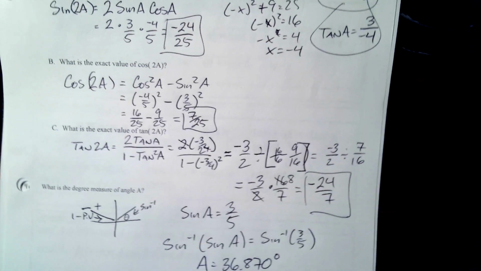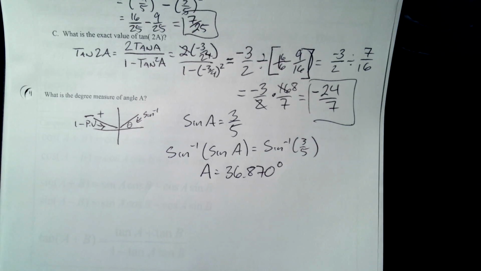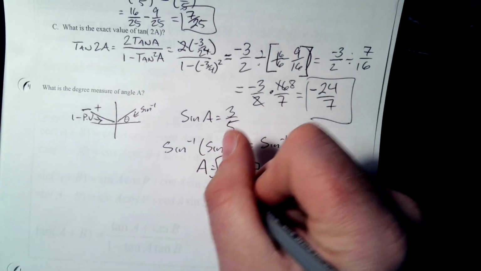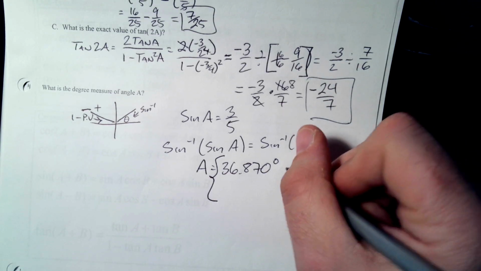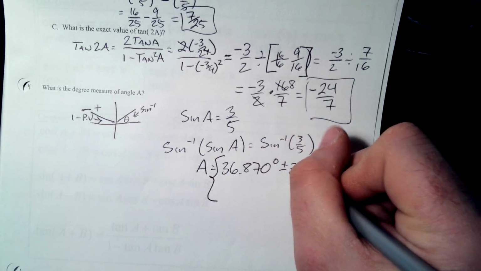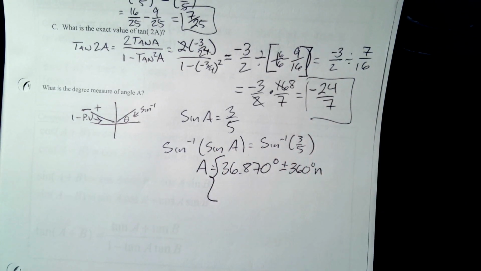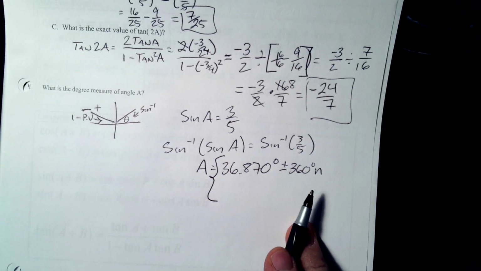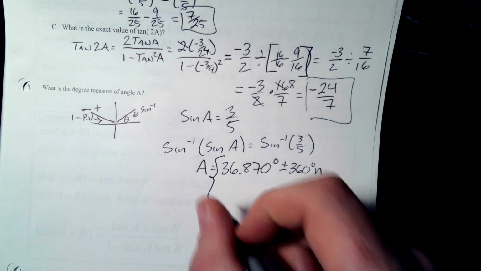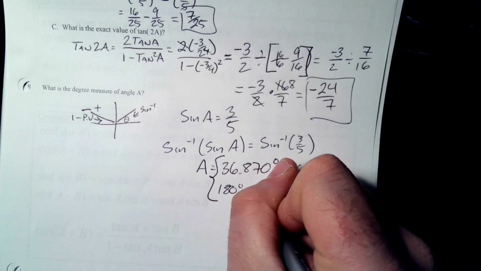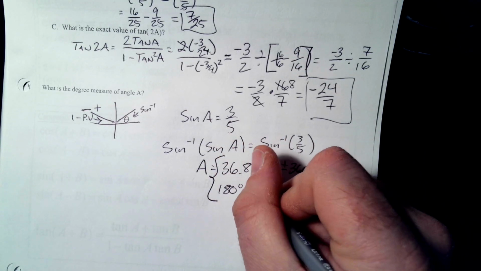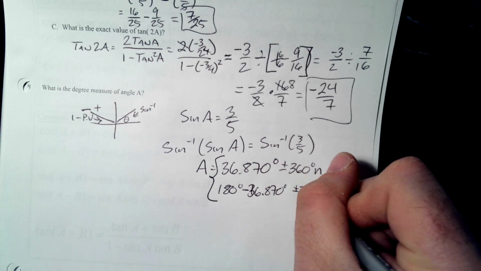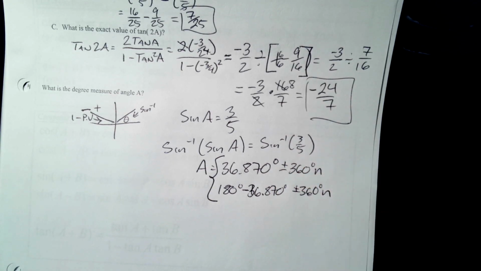But remember, that's actually not the entire possibility of the answer. 36 degrees is not in quadrant 2. We also took a sine inverse, so we need to get that plus or minus 360 degrees any number of times we need. The other one is 180 degrees minus our principal value, plus or minus 360 degrees any number of times we need.